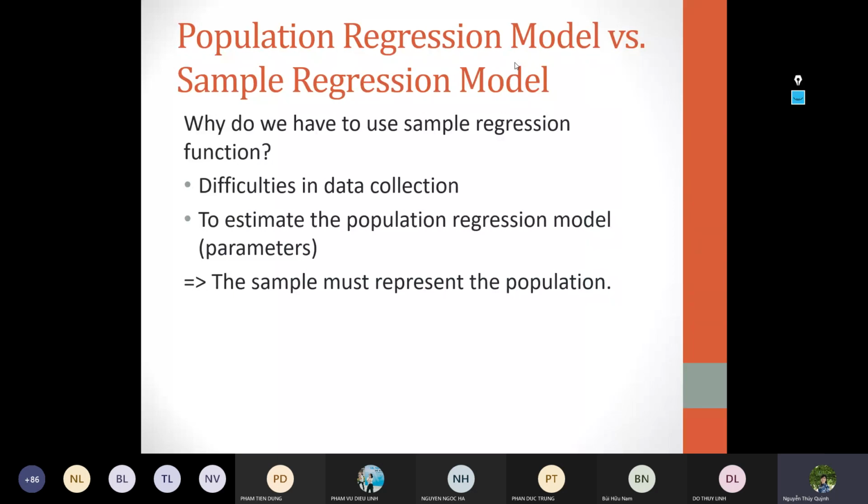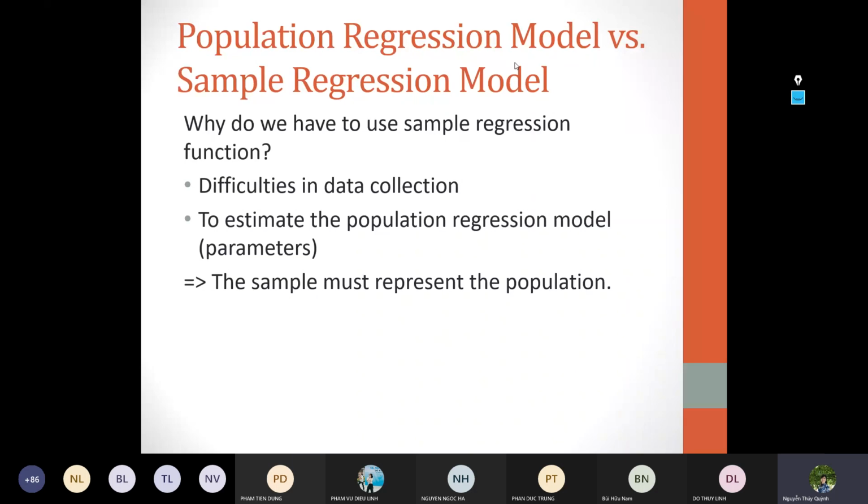That's why we use the statistic that we get from the sample, the characteristic of the sample regression model, to help us estimate or make inference about the rule or the relationship between the variables in the population. So the sample regression model is not the ultimate goal. It's just a means that brings us closer to the population regression model.